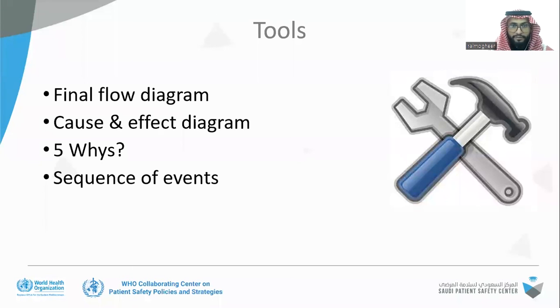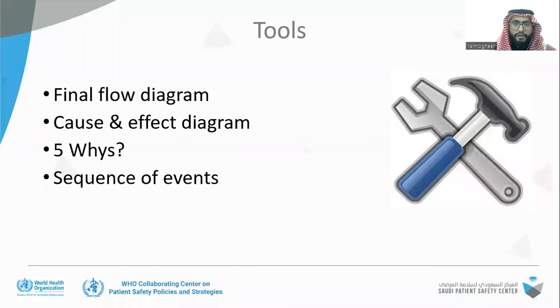You can check if this is a true root cause or not by using the 5 whys. Then you can use the cause and effect diagram to see how this event led to this outcome. At the end, you will have a clear image of the sequence of events that happened to your patient.